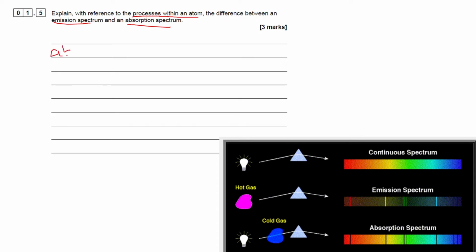So in an absorption spectrum, the atom will absorb photons and become excited.